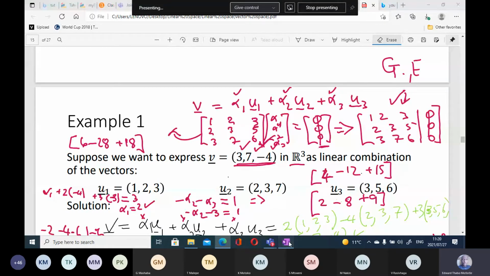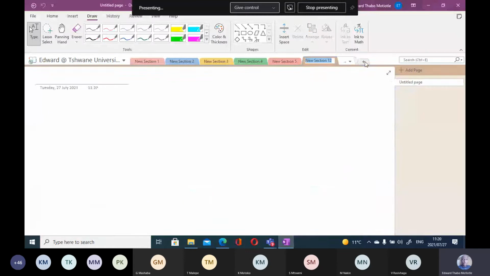So let's use the notation. Here, we want to write v as a linear combination.